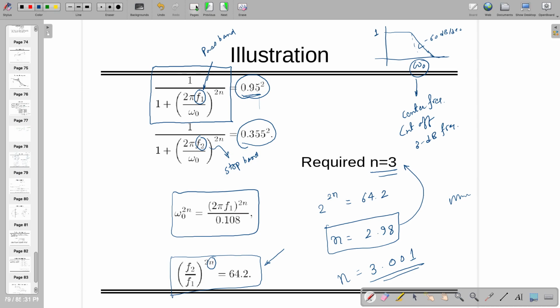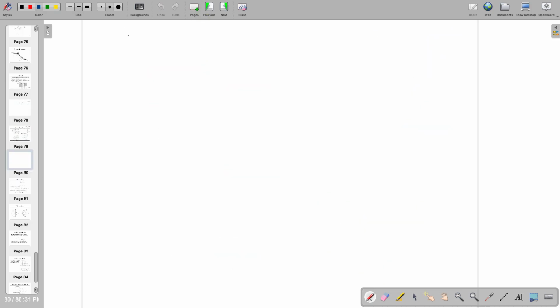Anyway, so if you know that, because I'm writing analog filter, |HA(jω)|² is equal to 1 by (ω/ω0) raised to 2n. Do you know the fact that |HA(jω)|² is actually a combination of two things?